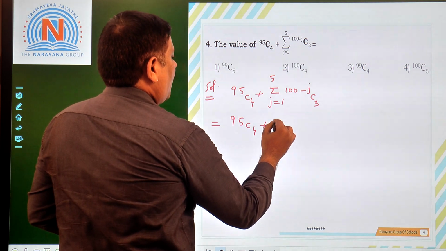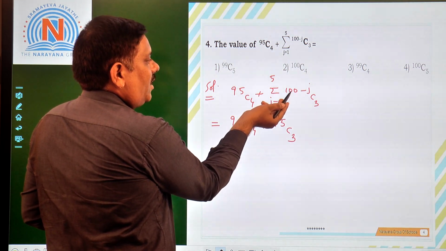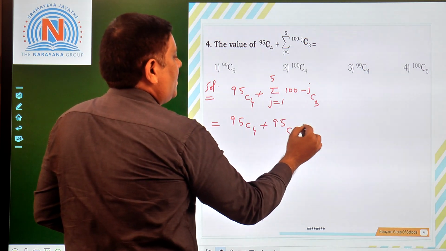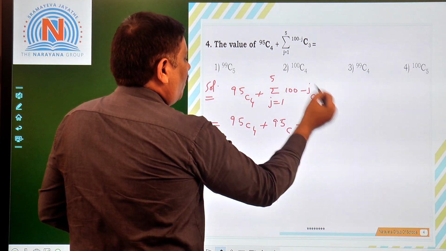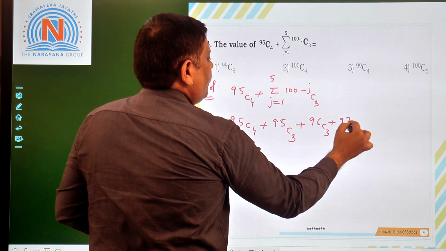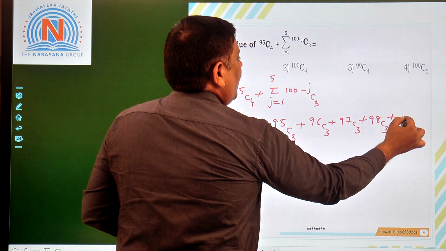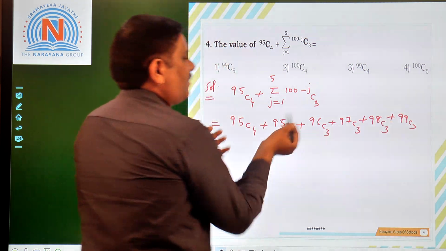So I write in reverse order: for j is equal to 5, we have 100 minus 5 as 95C3, plus j is equal to 4, we have 96C3 plus 97C3 plus 98C3 plus 99C3.